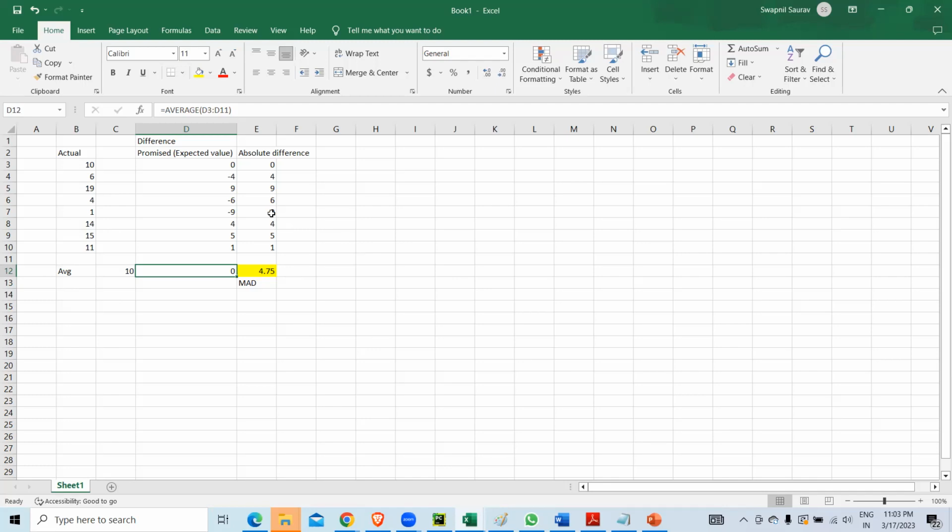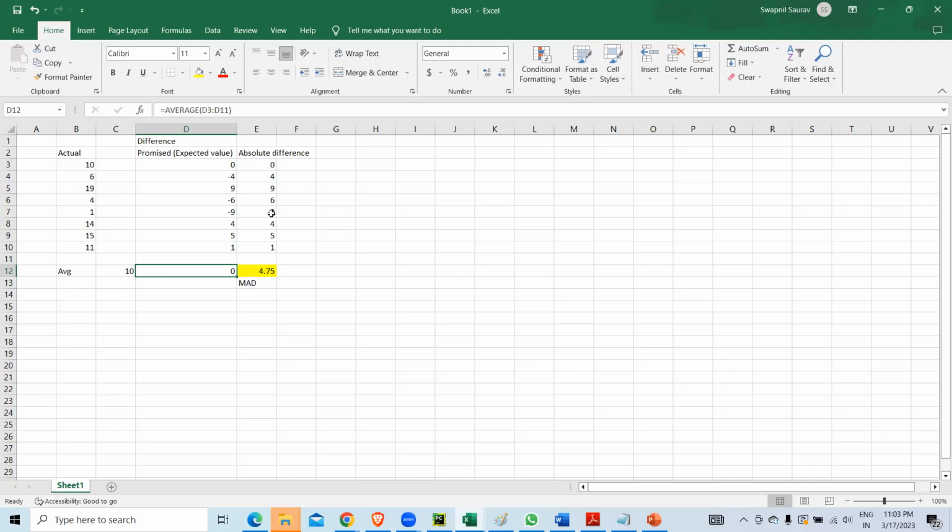On average, the mean difference is about 4.75. So this is your mean absolute difference. This tells you the mean deviation in your process.